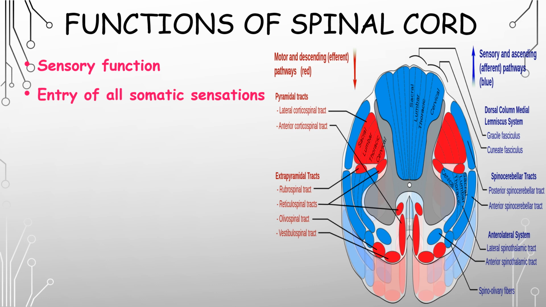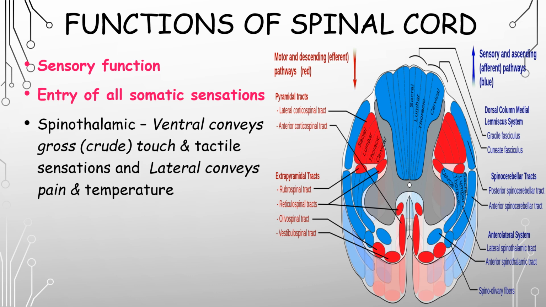After entering the spinal cord, all the somatic sensations are conveyed to the brain by the ascending tracts. There are the spinothalamic tracts. Here you can see the spinothalamic tracts.